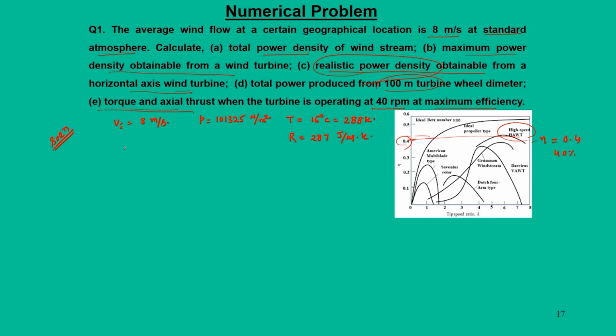So, using the ideal gas equation we can find out the density of air, rho is equal to P by RT. So, this turns out to be 101,325 divided by 287 into 288, and it is 1.23 kg per meter cube.